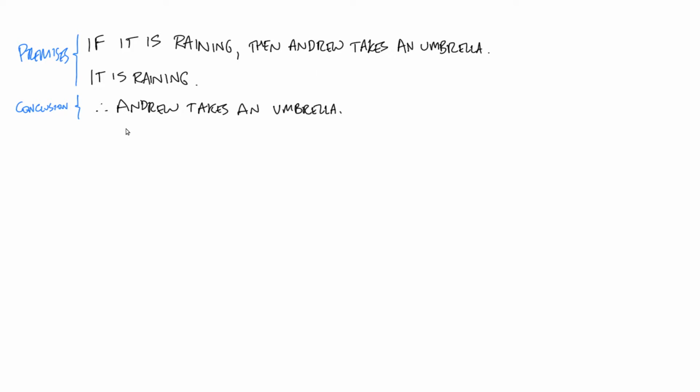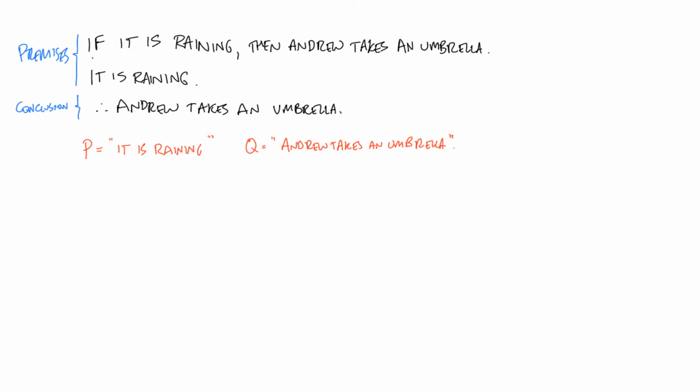So let's invent some propositional variables. Let's say P means it is raining, and Q means Andrew takes an umbrella. Using these variables, we can translate the premises and the conclusion into propositional formulae.